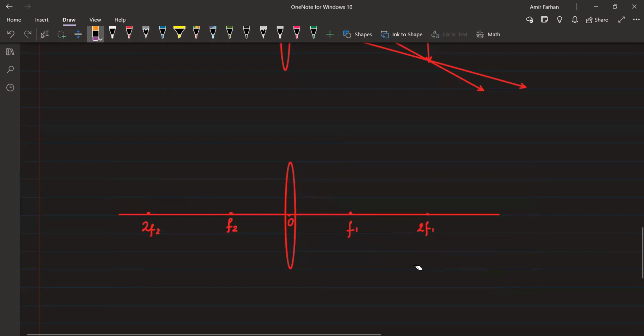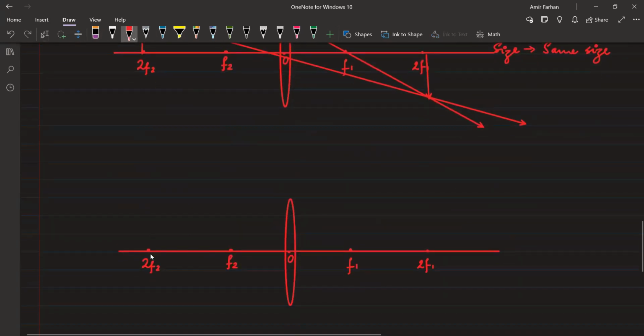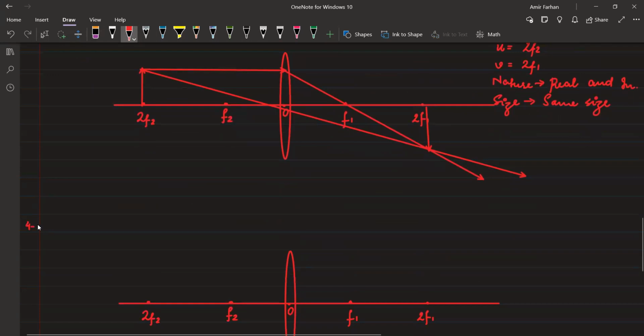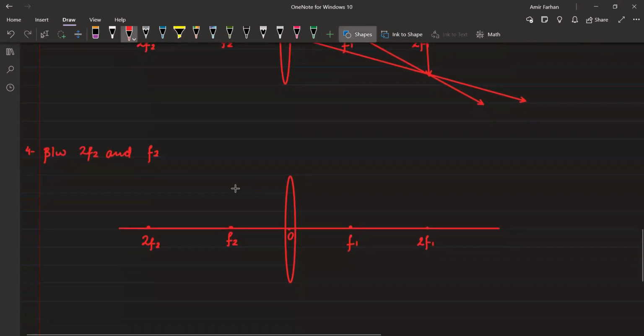Okay, the next case. As your object was at 2F2, now the object will lie between 2F2 and F2. The fourth case is between 2F and F. Now your object is somewhere here.